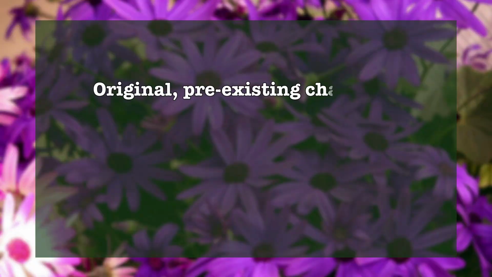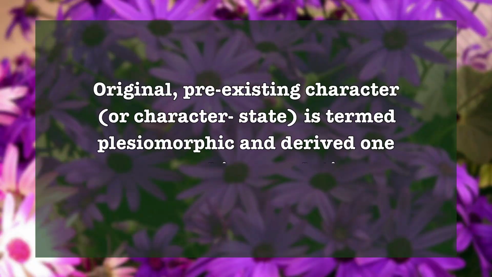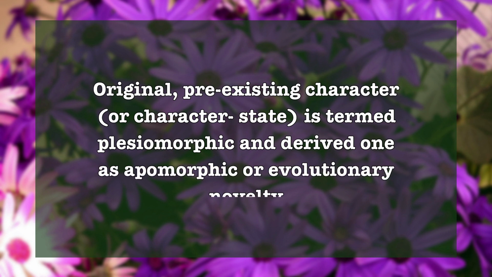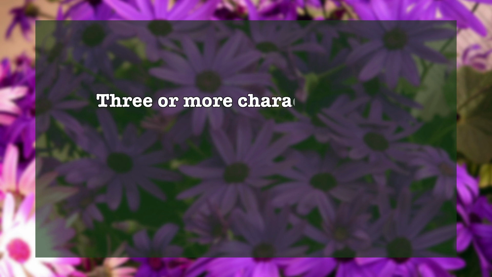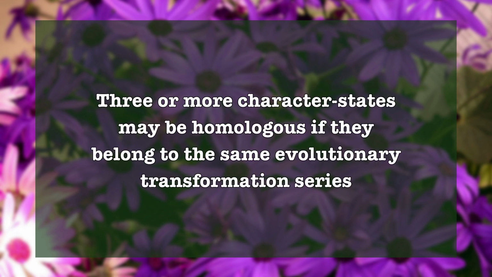The original pre-existing character or character state is termed plesiomorphic and the derived one apomorphic or evolutionary novelty. Three or more character states may be homologous if they belong to the same evolutionary transformation series.